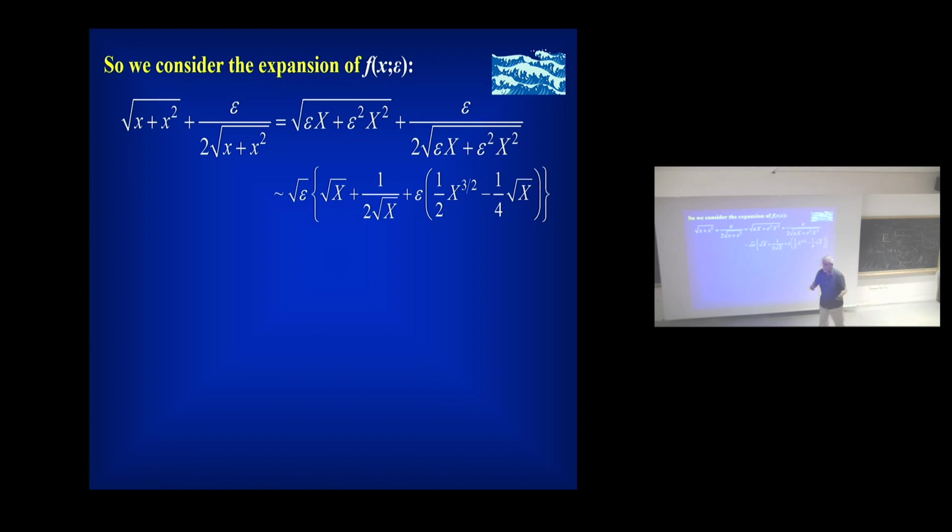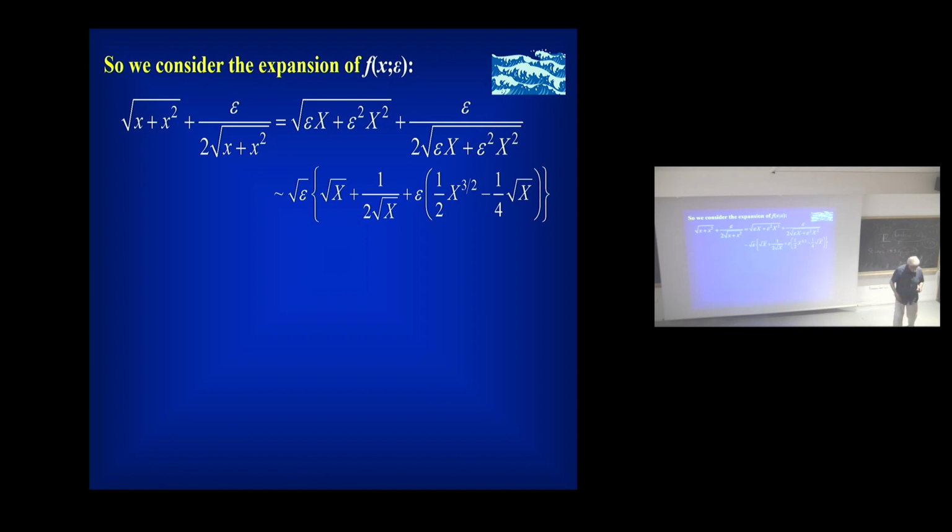So the expansion here has got to be consistent with the other expansion. So you write it in terms of big X and expand, but when written in terms of big X, these are the only two terms that we have, root epsilon and epsilon root epsilon. So we have now got an asymptotic representation of an asymptotic representation. This one is written in terms of little x, expanded in terms of the other variable that we've chosen to use in this scenario.